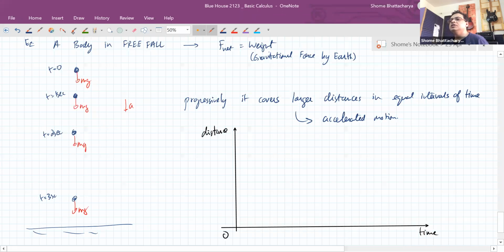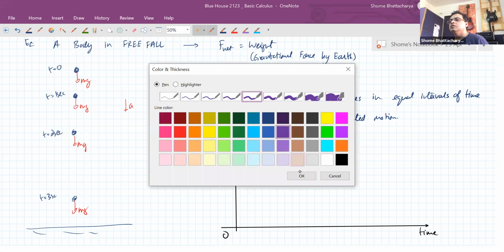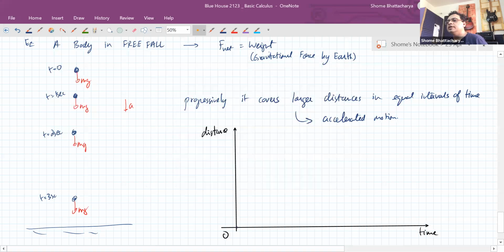For that to happen, without getting into equations, the shape of the graph will have to be something which is curving like this. So you can see that in equal intervals of time, it is covering progressively larger distances.